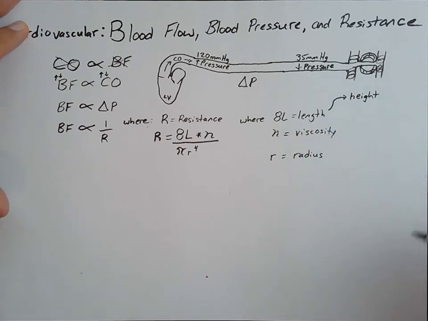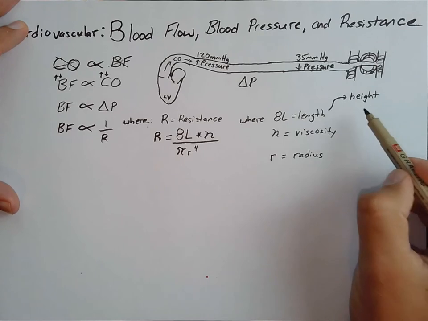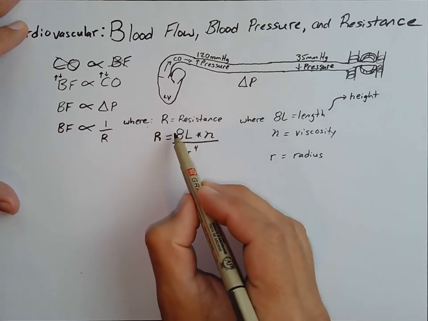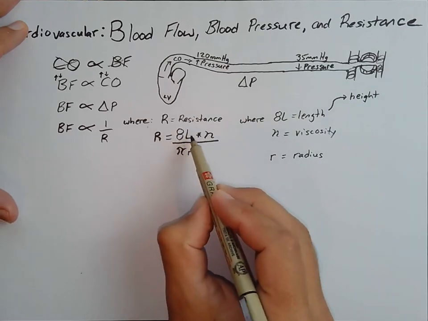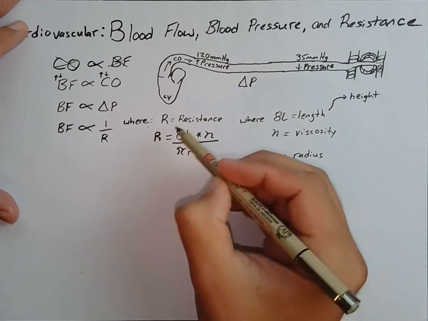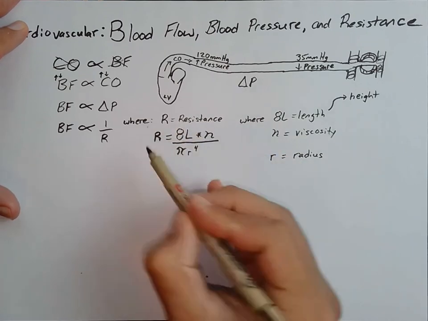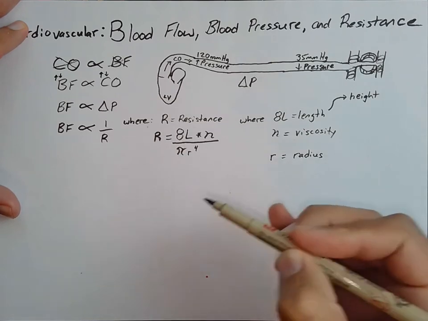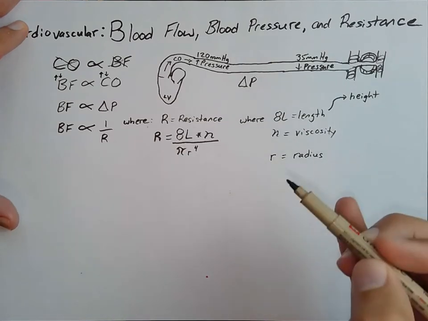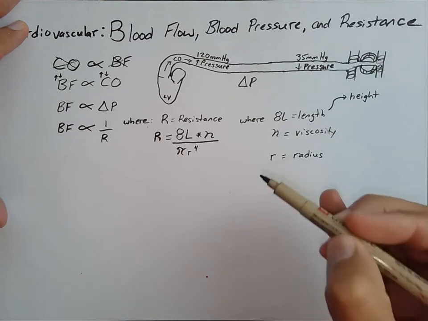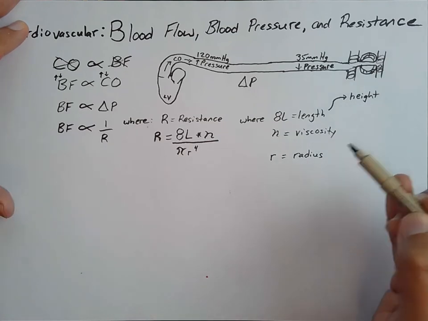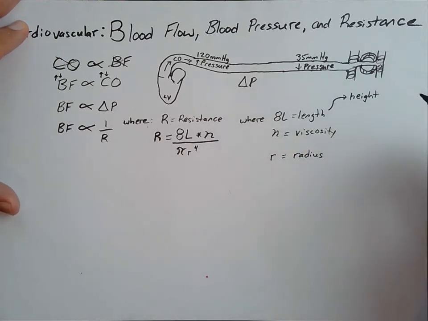The taller they are, the more mass they have, the more the distance that this blood is having to travel. And so if I got a longer distance, what's going to happen to the resistance? It's going to increase. So a taller patient, someone that's 7 feet, for instance, their heart is going to have to work harder to get that blood to the tissues.